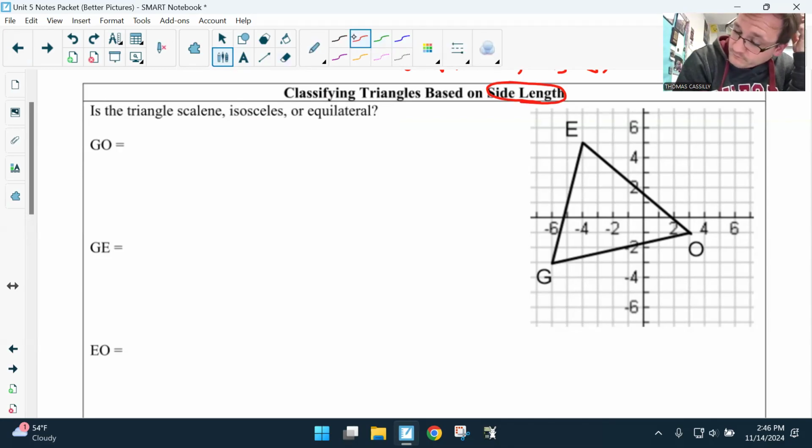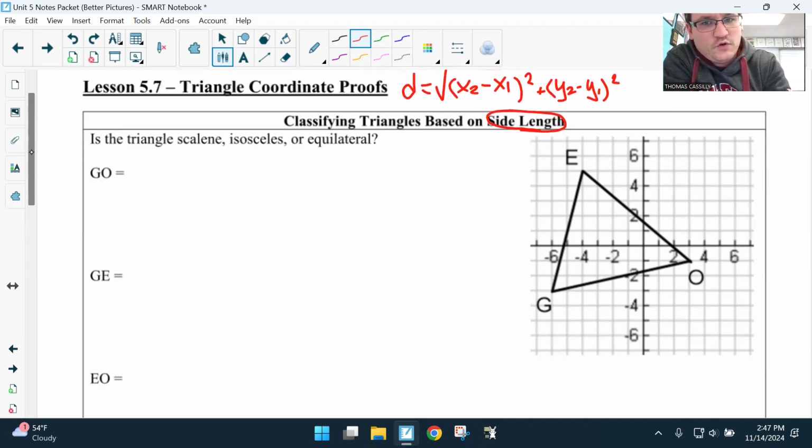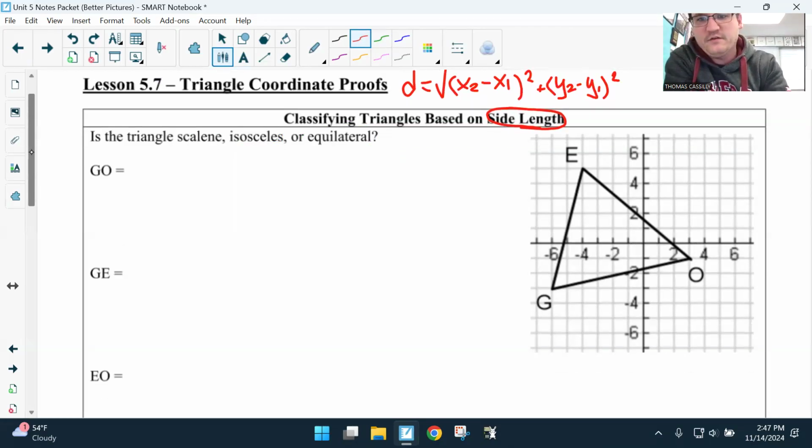Now, I realize the distance formula does take a long time, so let me show you some shortcuts. If I am looking for the length of GO, when we first defined the distance formula, we used the Pythagorean theorem. If I want to go from G to O, it's a diagonal line, so I have to figure out how far I am going horizontally.